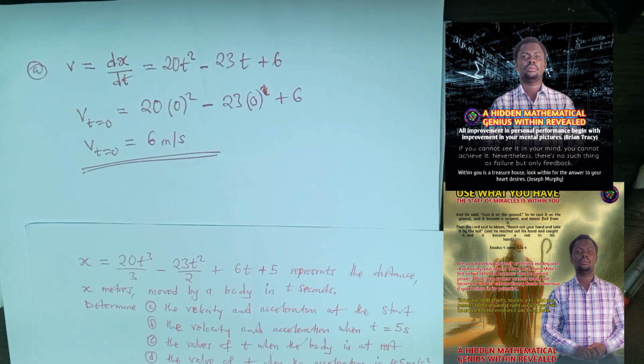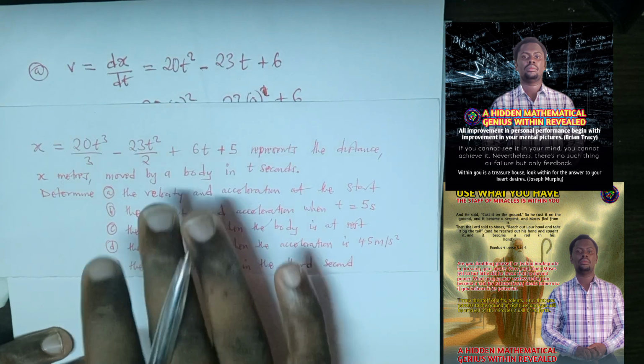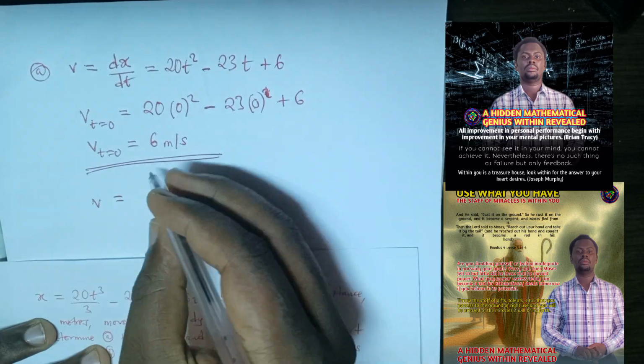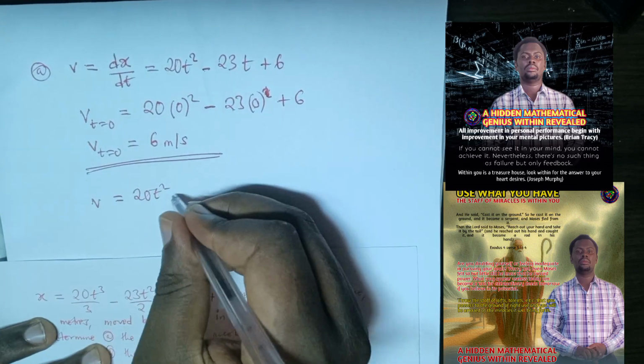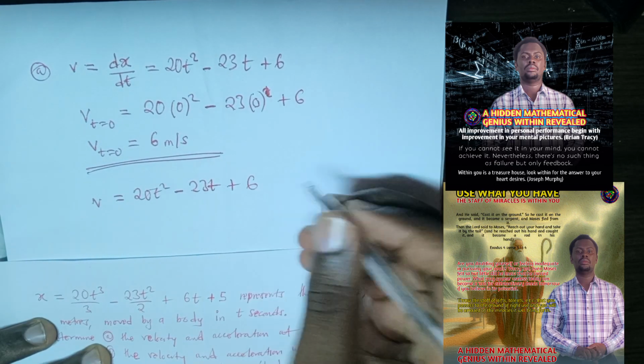So we go to acceleration. What is acceleration? Acceleration is the change in velocity with respect to time. In terms of calculus, it means the derivative of velocity with respect to time. Our expression for velocity is v equals 20t squared minus 23t plus 6.